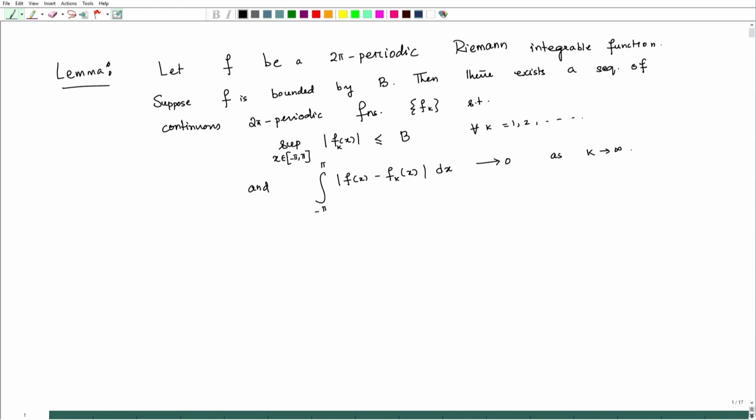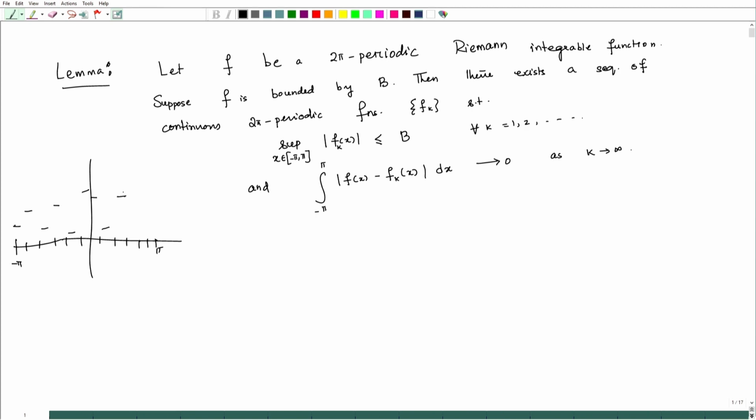Intuitively, what you can see is that in the Riemann integral, suppose this is minus pi to pi and you have a certain partition, depending on the k you choose the partition. Then these are all step functions, where you take the area of these rectangles.